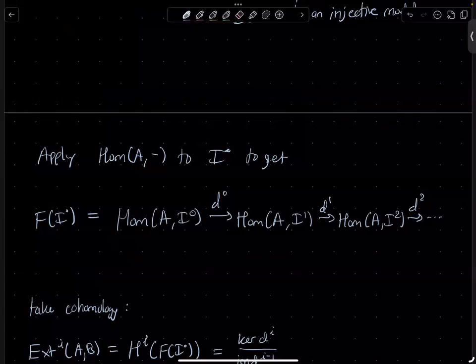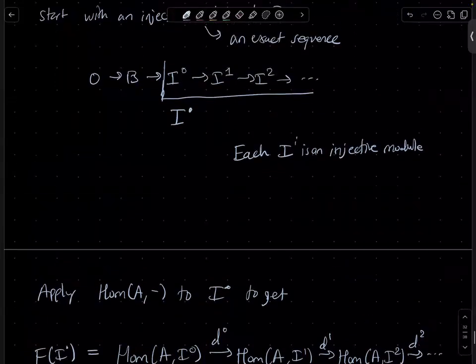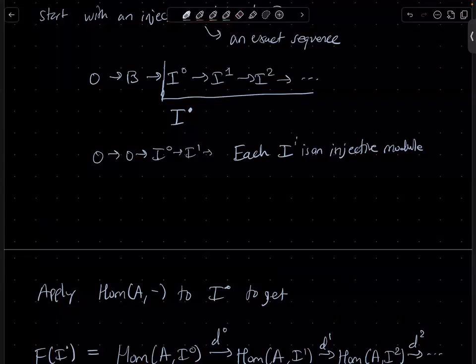And so I can keep it a cochain complex by putting the 0 here. In fact, the 0 is always there. What I meant was that this I bullet here is really this.